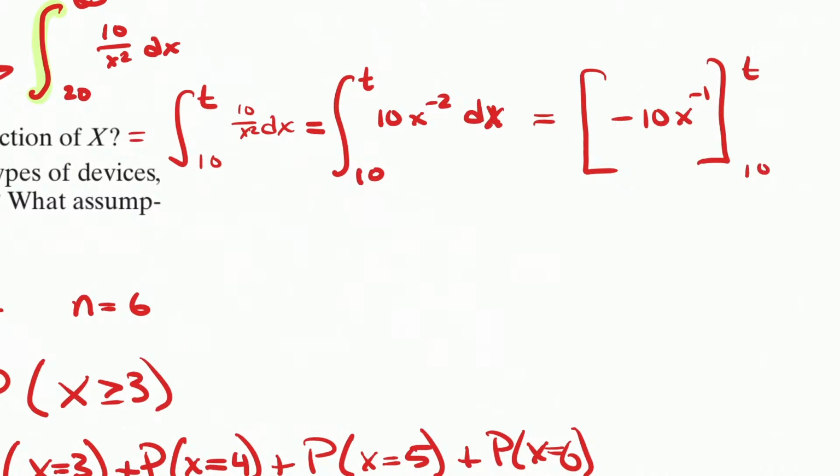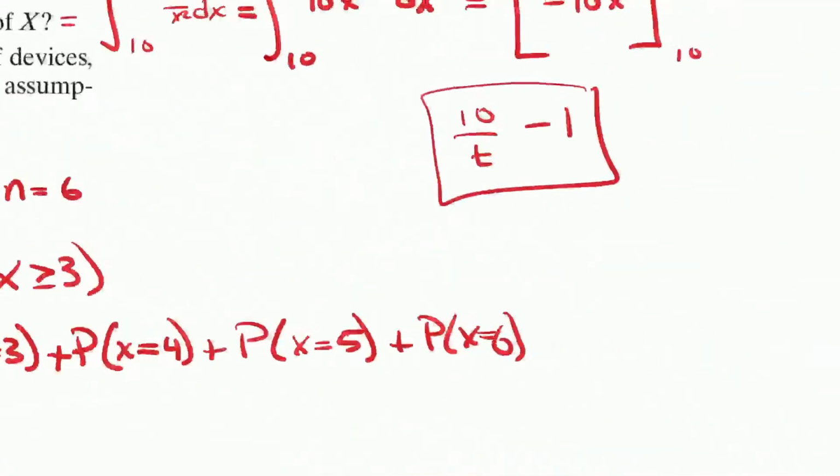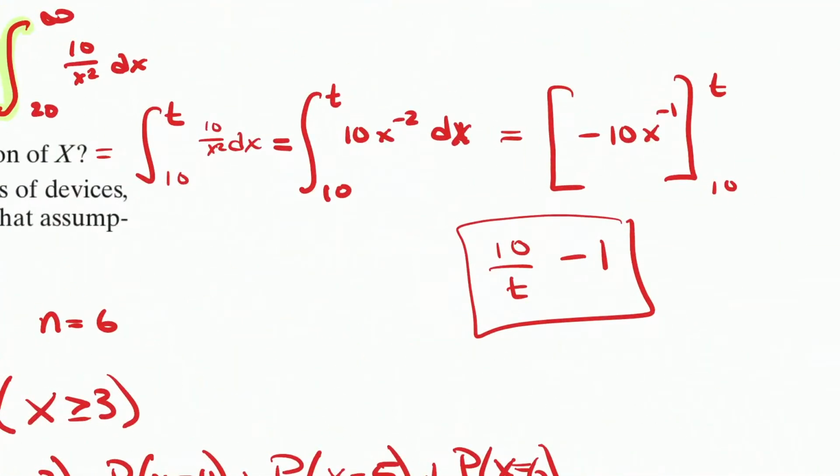I guess now that I've got that, this will be negative 1, and this will be 10 over t. Is that right? So this is the answer to part B, the antiderivative. So negative 10 over t plus 1. Oh, yeah, the double negative. I messed up. Yeah, you're right.